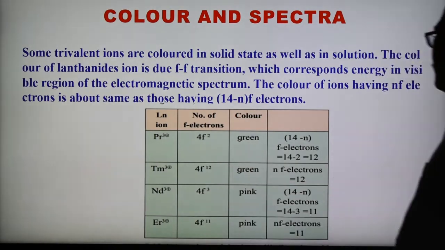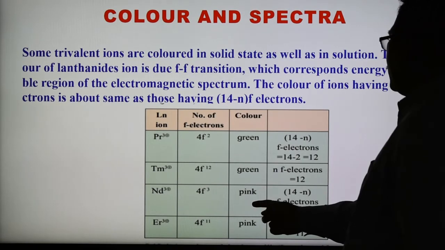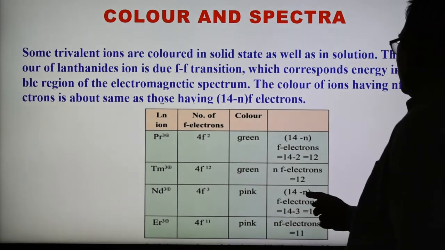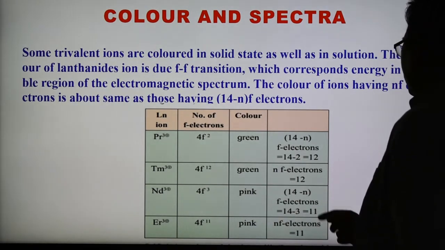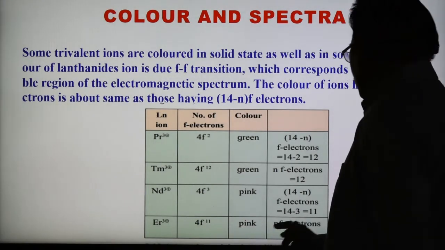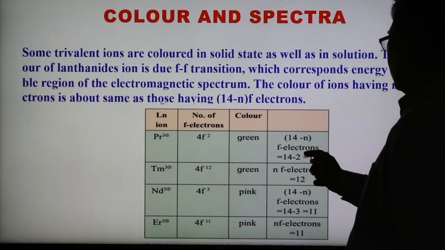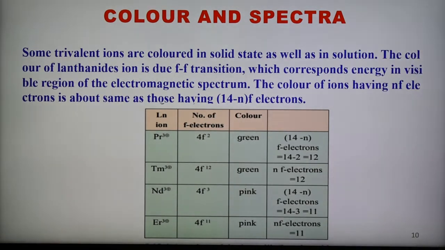In case of neodymium, there are 3 electrons and it shows pink color, and 14 minus 3 gives 11 electrons. Similarly here also it is 3, so 14 minus 3, and this also shows pink, so again 11. So in these 2 there are 12 f electrons, and in the last 2 elements there are 11 electrons.